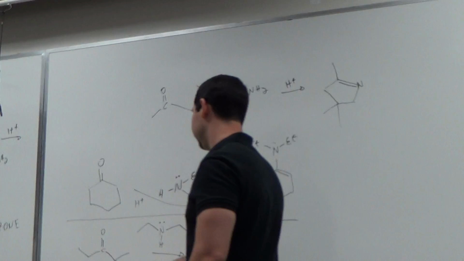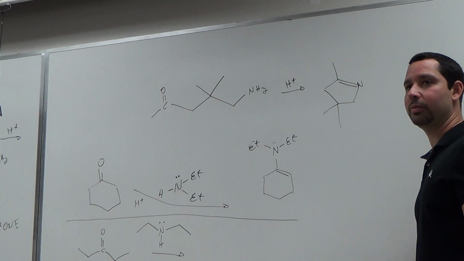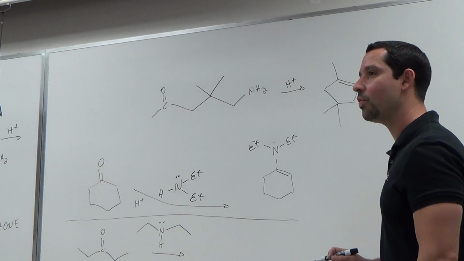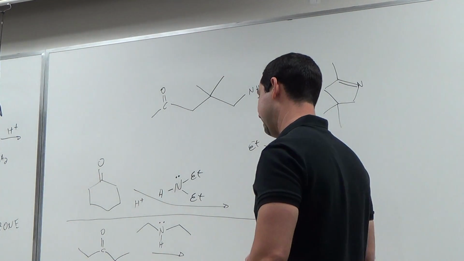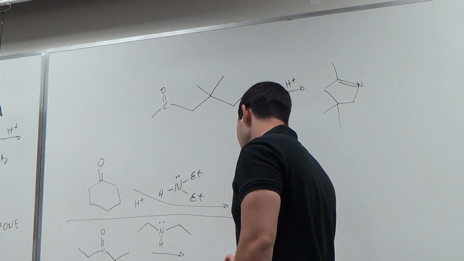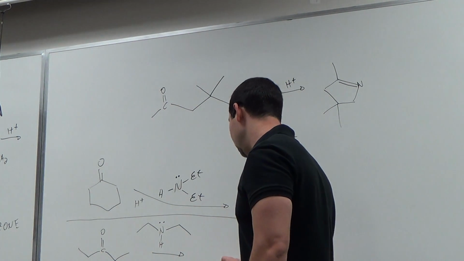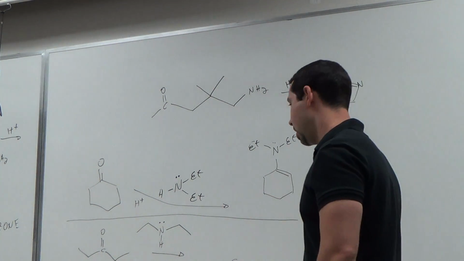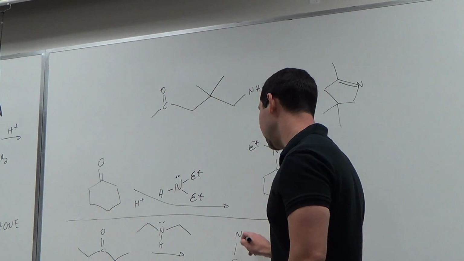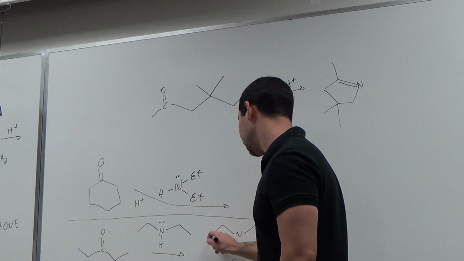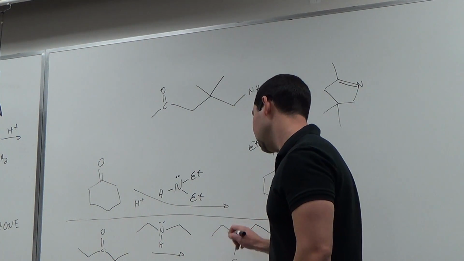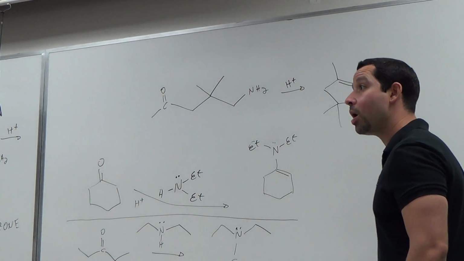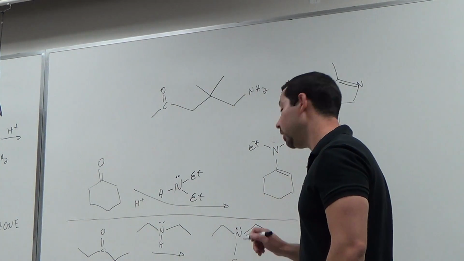How about this one? Can you do this one? This is like Batman all over the place. So here it is, right? I'm going to do that and that. You agree? Yeah. And now bond to the nitrogen that has more bonds. Now the double bond somewhere, the double bond here, right?